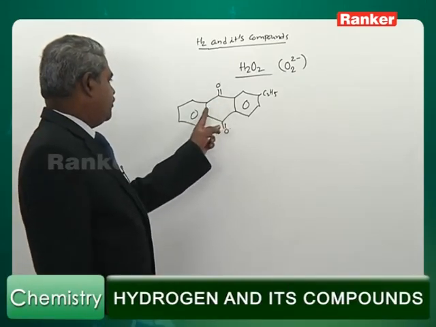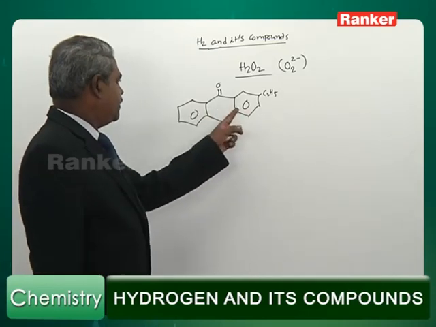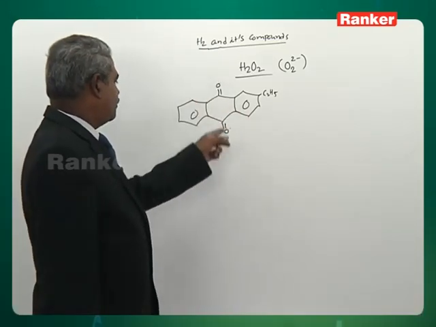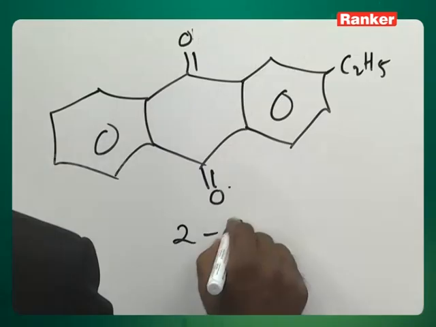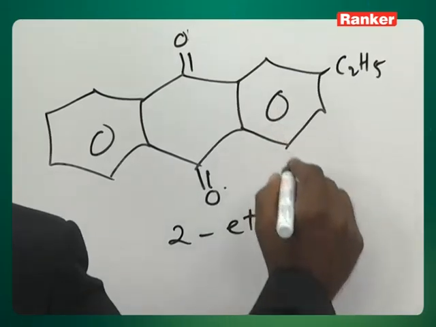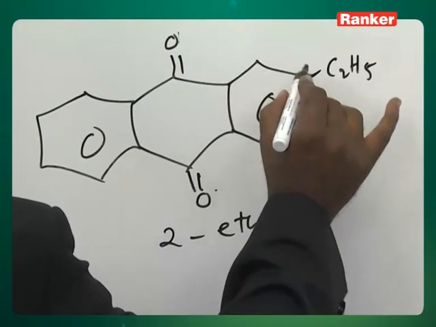Three fused benzene rings is called anthracene, and with the double bonds, this is called anthraquinone. This is 2-ethyl anthraquinone. You start the numbering here, 1, 2.